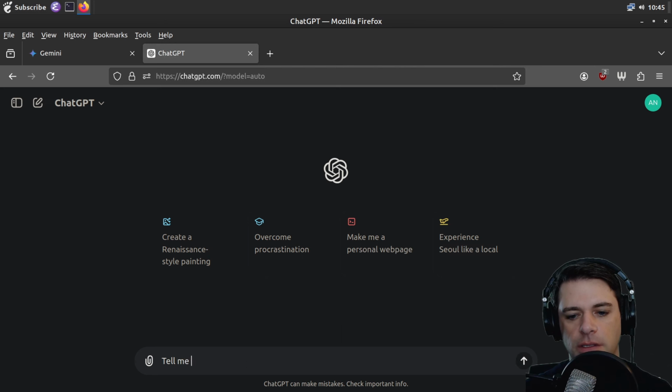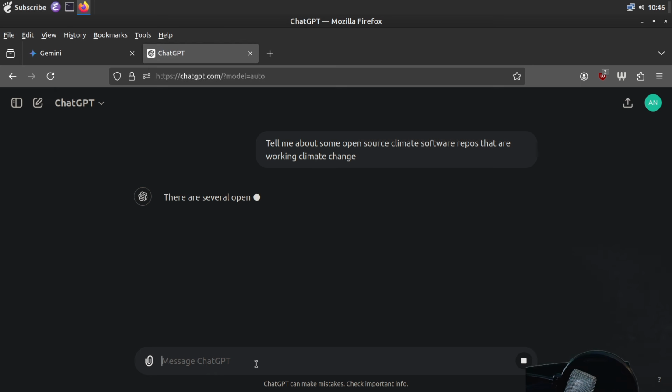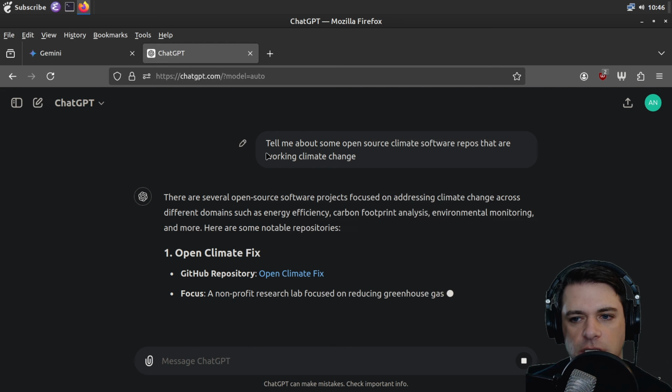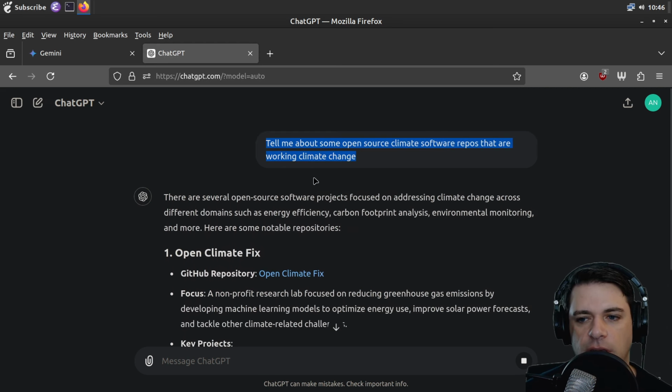So tell me about some open source climate apps. Climate software repos that are working on climate change. And this is going to suggest some, and so at the same time I'm going to ask Gemini. They will probably say essentially the same thing.